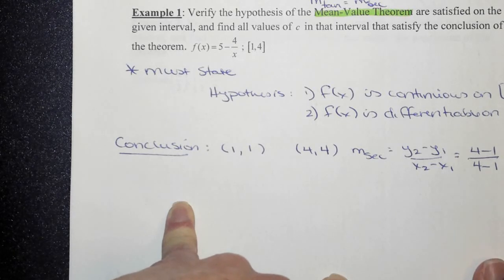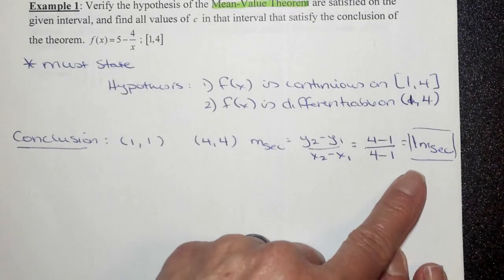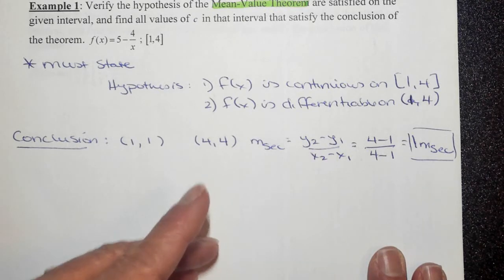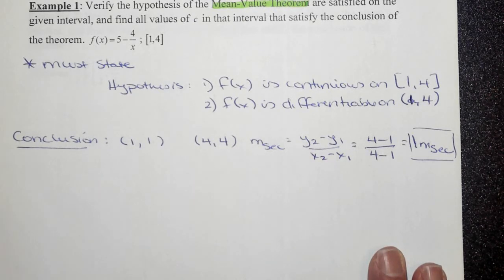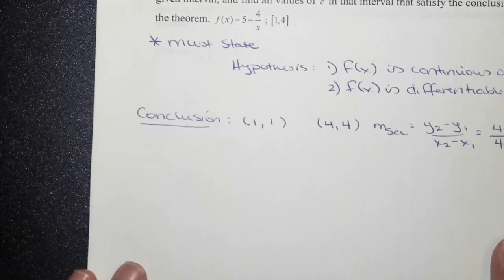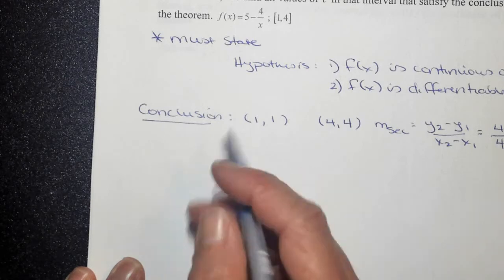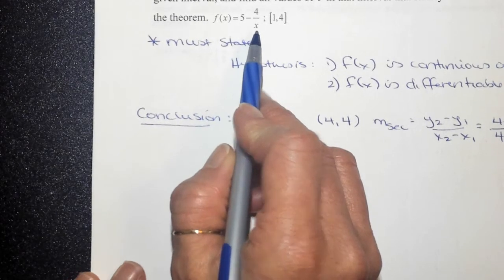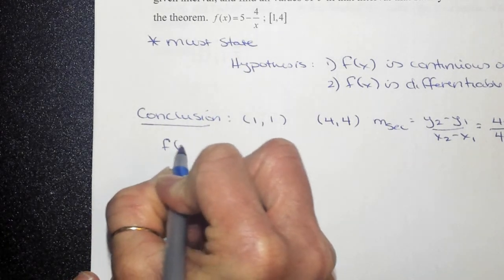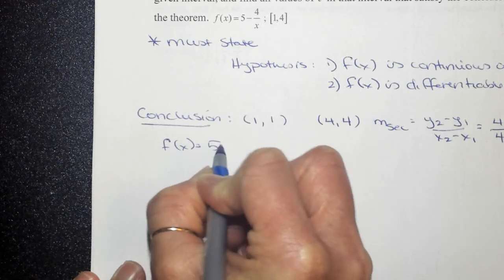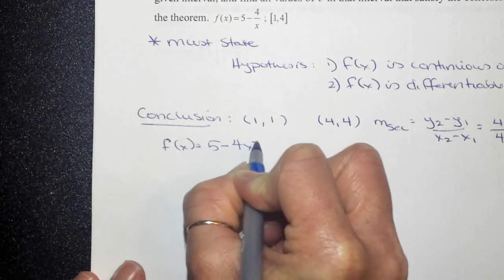So we found the first part, because remember, you have to set the slope of the secant line equal to the slope of the tangent line. Well, the slope of the tangent line is the derivative of the function. So we're going to find the derivative of the function. What we need to do is rewrite this in friendly form. So f of x is equal to 5 minus 4x to the negative first.